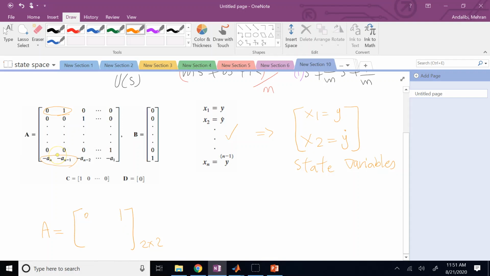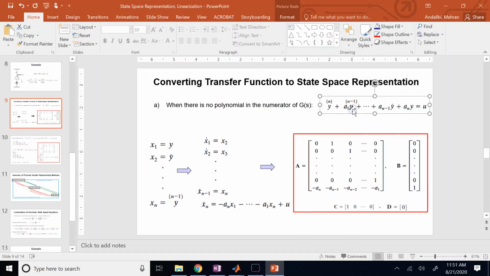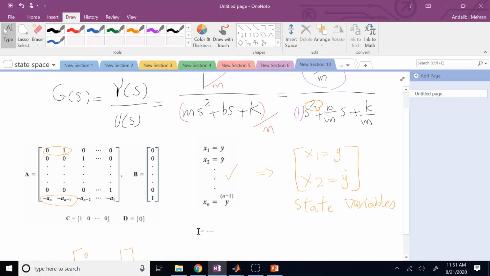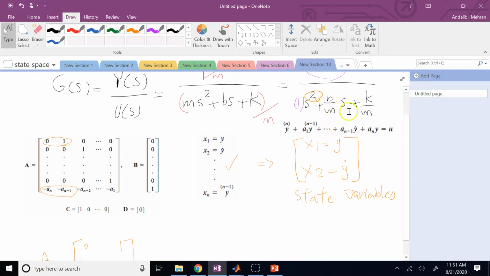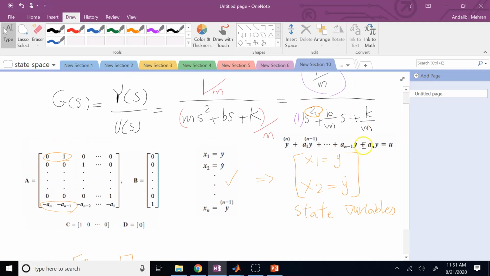The last row is going to be negative an, negative an minus 1. Where what is an, what is an minus 1? Let's look at this. So let's borrow this as well. So here we compare these two together. The denominator of this and this denominator, right? So what do I get?